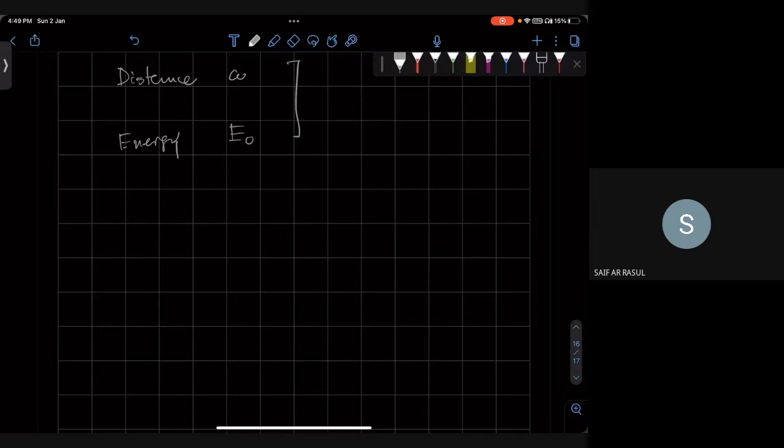Let's discuss some properties of the Hamiltonian first. First, the positivity of the energy. It's very easy to show that the energy eigenvalues of the harmonic oscillator are positive.